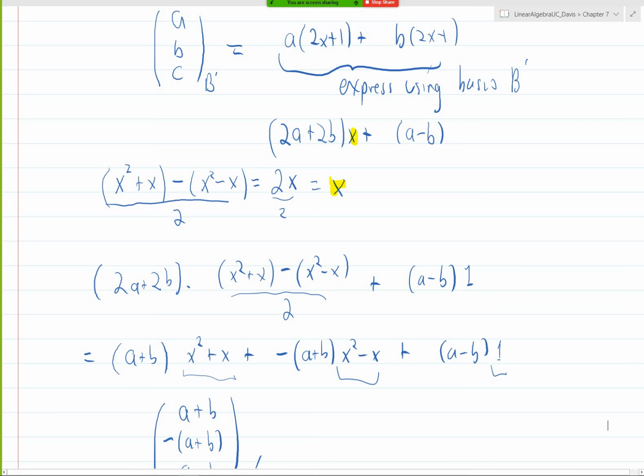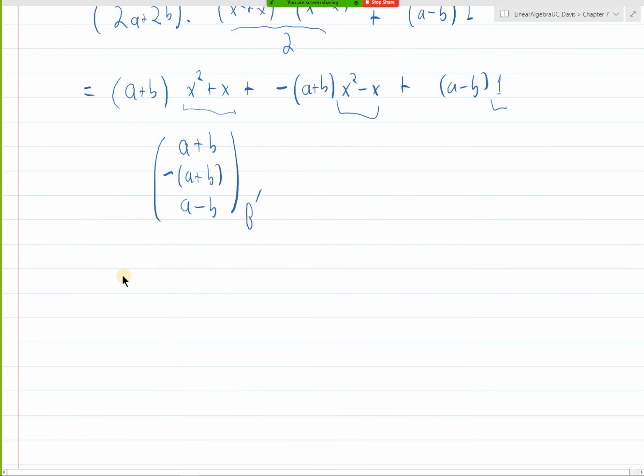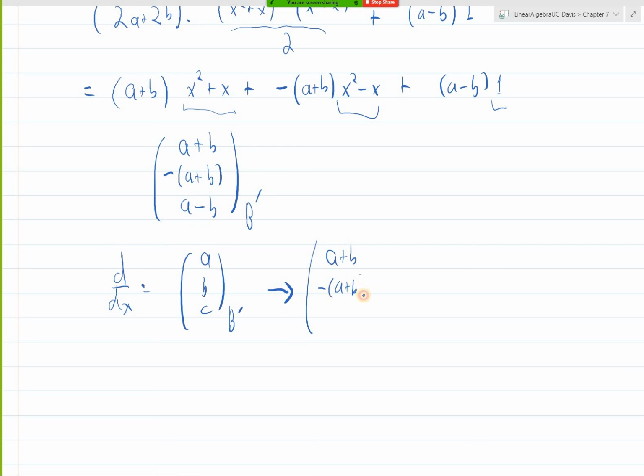So in fact, I can say d/dx takes a, b, c to this. And then now we need to find the matrix for this. So can you find the matrix for this?